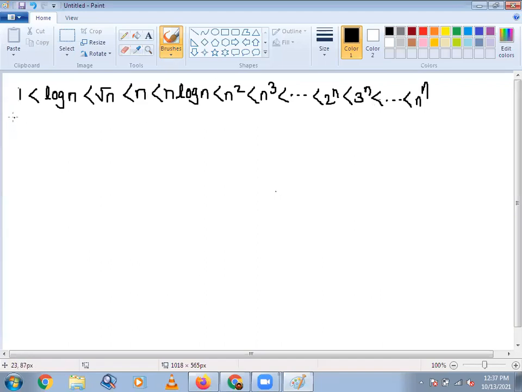So in the previous lecture we have seen 3 types of asymptotic notations. We will see them one by one. First is big OH notation.